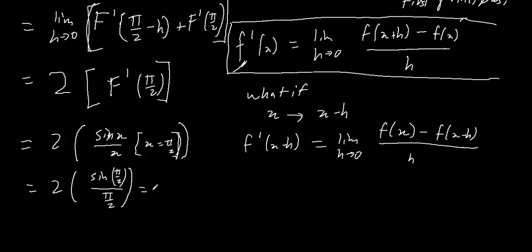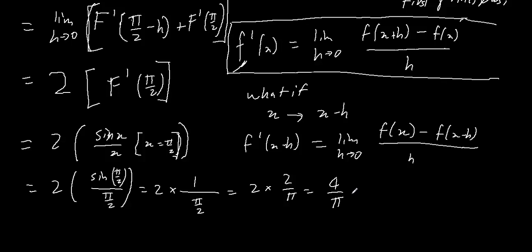And now what I can do is sine of pi on 2 is always 1. So that's 1, and then there's a 2 times all of this, and then there's a pi on 2 on the bottom. Now 1 over pi on 2 is just the same thing as 2 over pi. And so this is 4 over pi. That simplifies out, and this is the exact number.